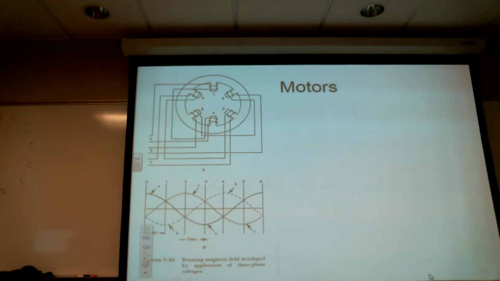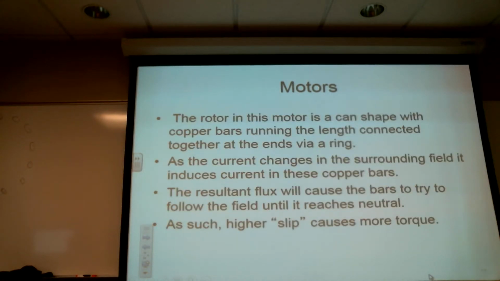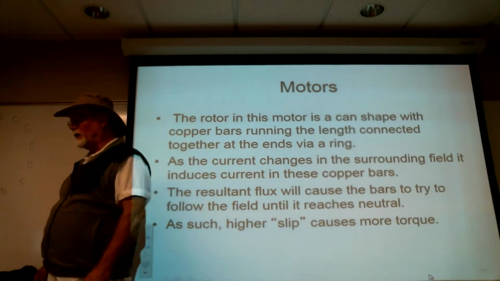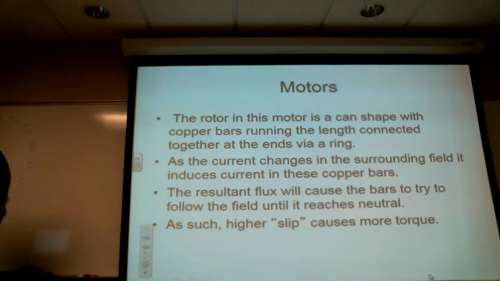This shows another example of it. So the rotor in this particular case, we often call it a squirrel cage. It's just a bunch of bars stuck in a can-shaped configuration, put on a spit. Let me see if I can show you an example of that.